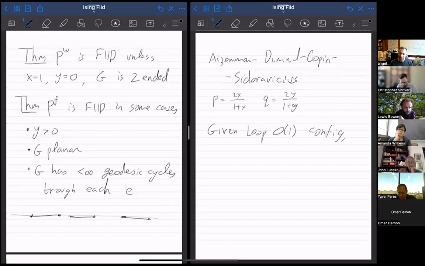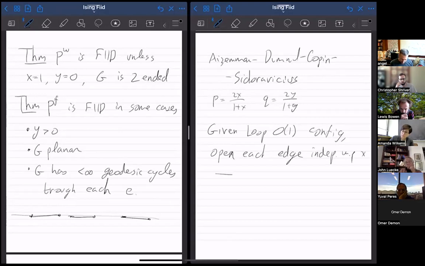You additionally open edges independently with probability x, and the result turns out to be exactly the FK Ising model. For the FK Ising model, you don't have vertices which are open or closed, you just forget about those. So this is a way to go from the loop O(1) to the FK Ising.